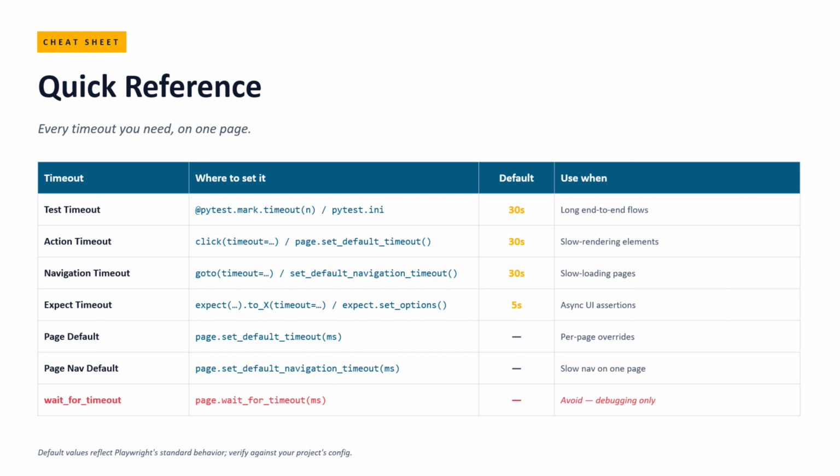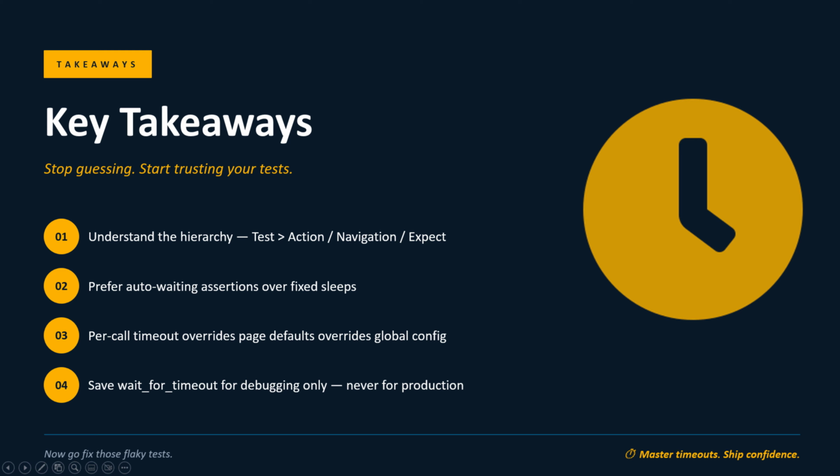Now, what are the key takeaways from today's tutorial? So basically, you should stop guessing. You should know when to use which timeout and how it works, which has a precedence, right? You need to understand the hierarchy: under the test, we have action, navigation, expect.